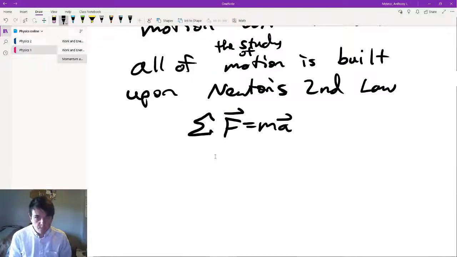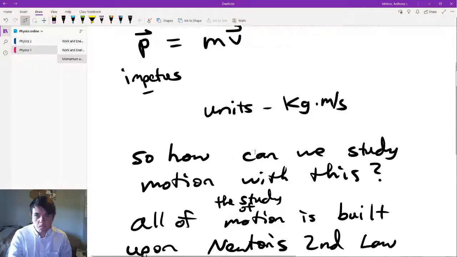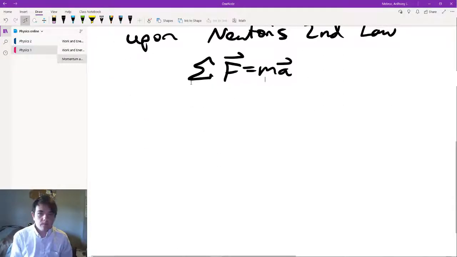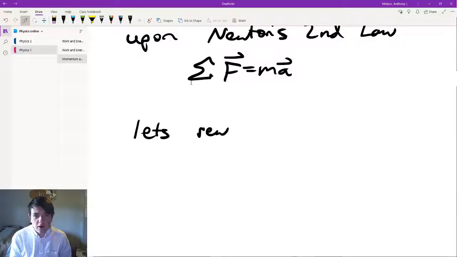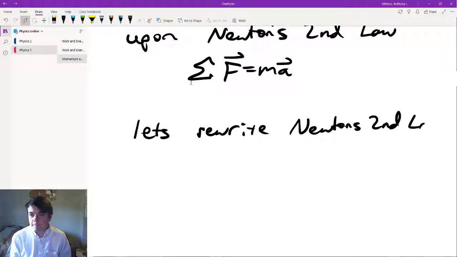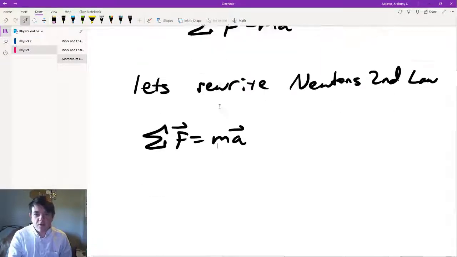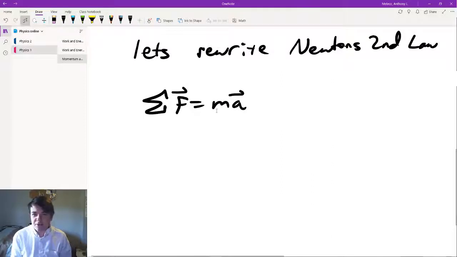So what we can do is use this definition and relate it to momentum. Let's rewrite Newton's second law so we get something useful out of it. We still write it like this, but now, if you remember, the definition of acceleration is the change in velocity over the change in time.